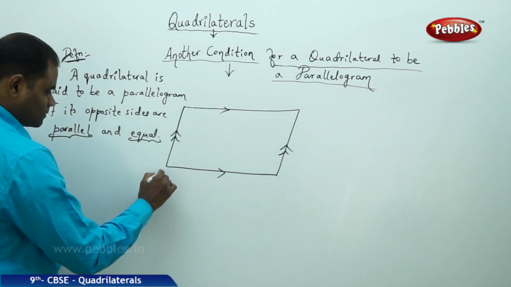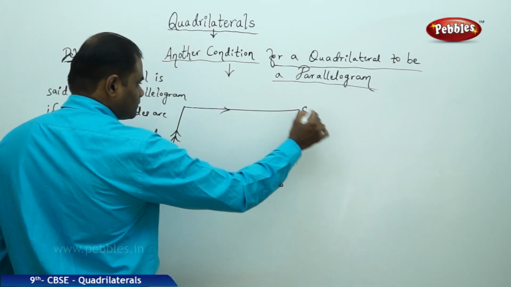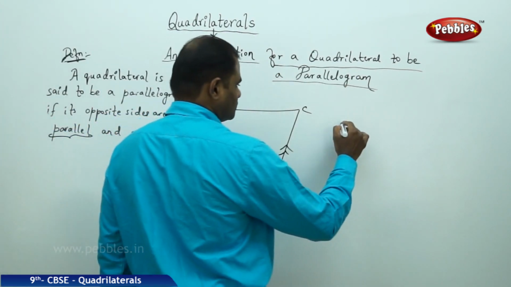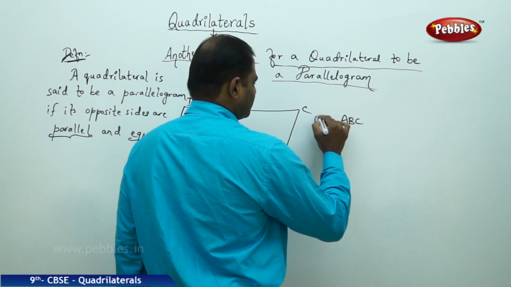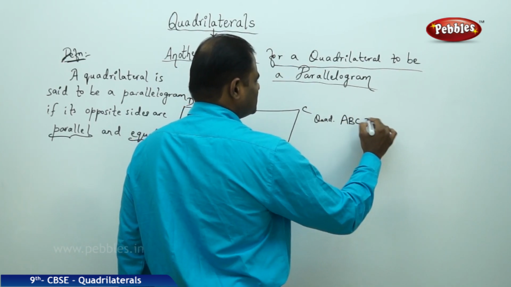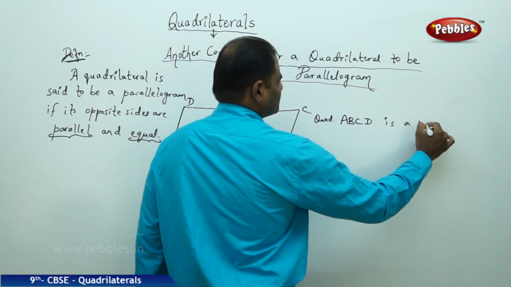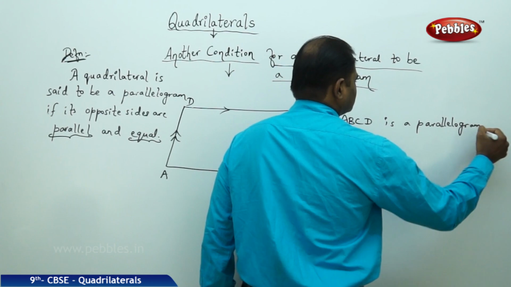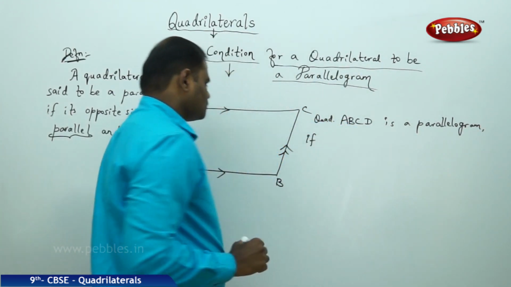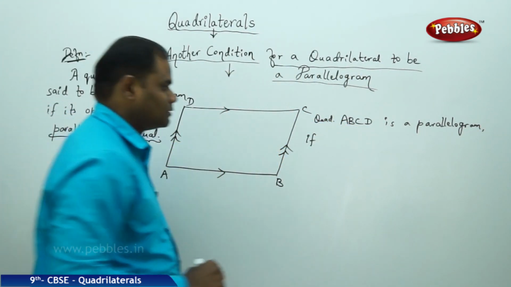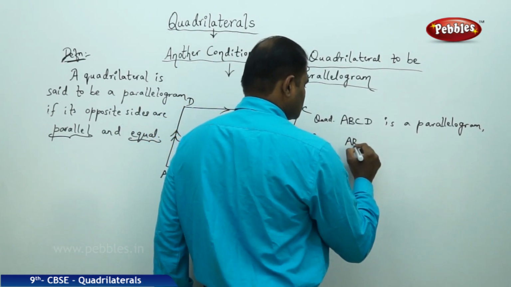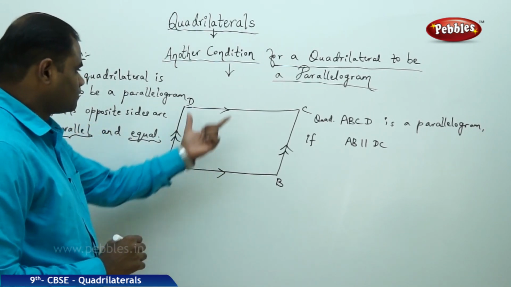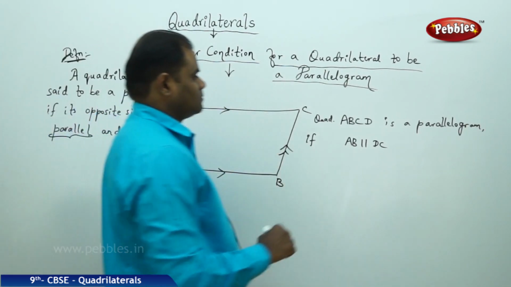So ABCD is a parallelogram if quadrilateral ABCD is a parallelogram if AB is parallel to DC, and AD parallel to BC.